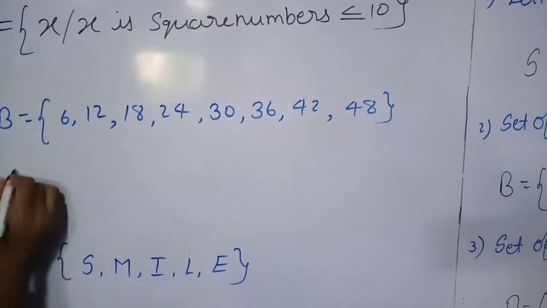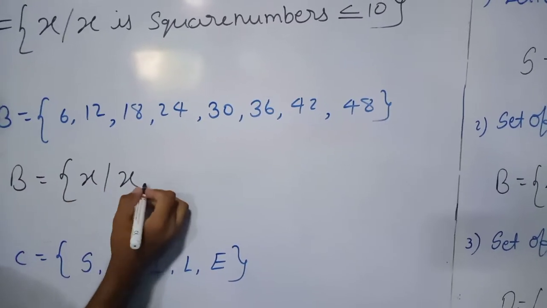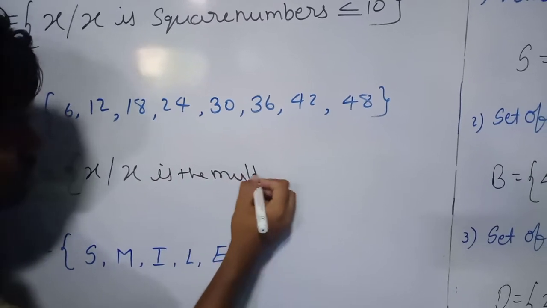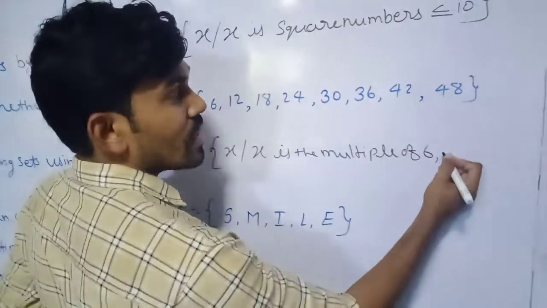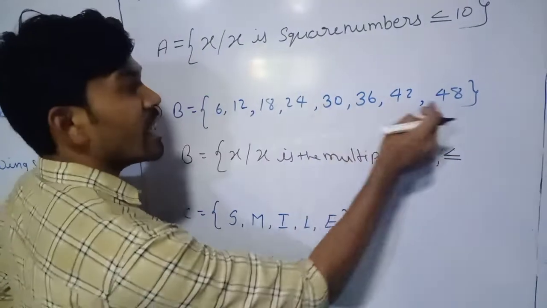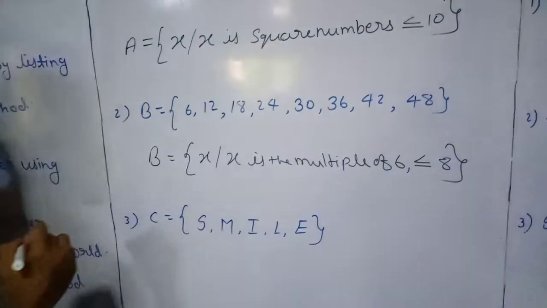So set B is equal to the set of X such that X is a multiple of 6, less than or equal to 6 8 is 48. So that is completed.